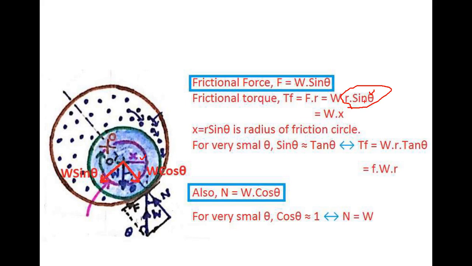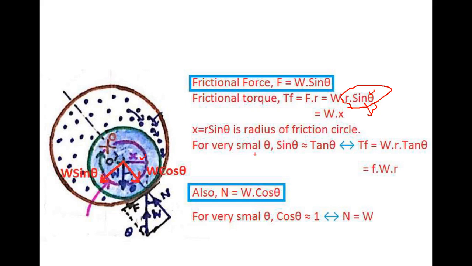It is also calculated from the coefficient of friction, meaning it can be the angle of friction also. So the same expression comes out, Tf equal to W into x, where x equal to R sin theta is the radius of the friction circle.